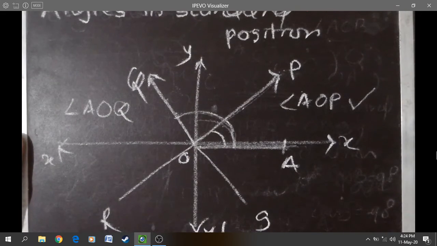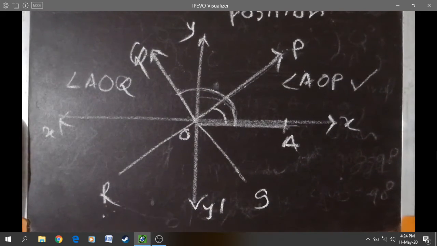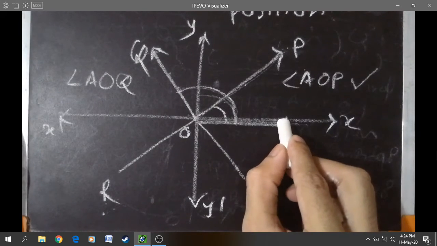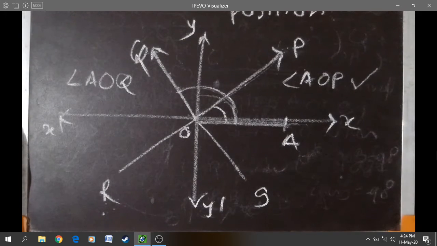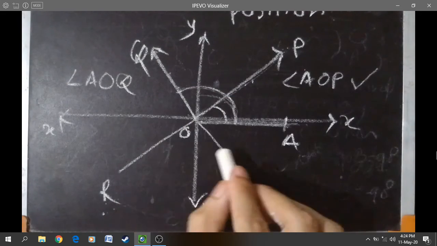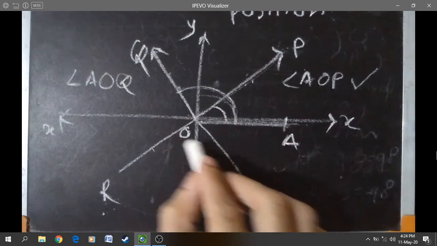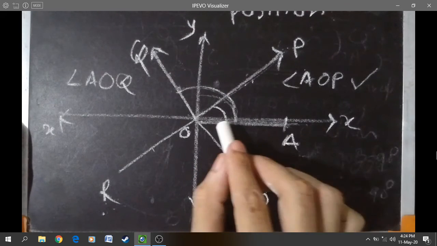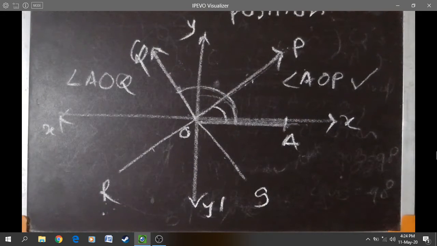Now if R is our terminal ray and OA is the initial ray, always remember, whatever the terminal rays, the initial ray should be on the positive x-axis in our standard position. That's why it's called the standard position.